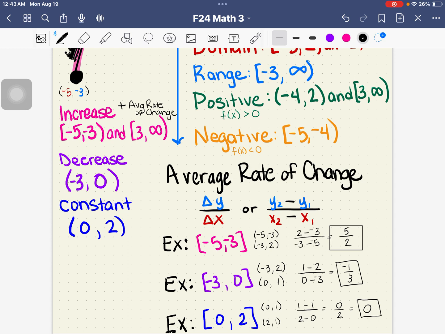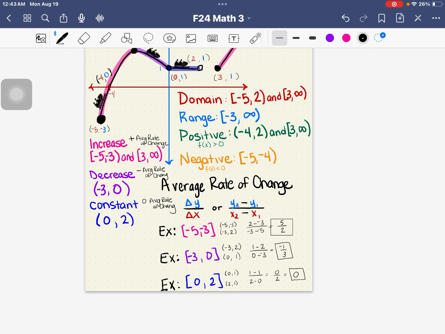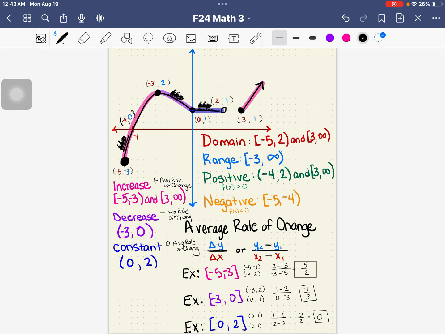When it is decreasing, you're going to have a negative average rate of change. And when it is constant, you're going to have a 0 average rate of change.